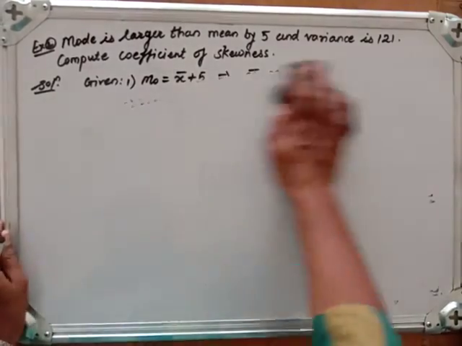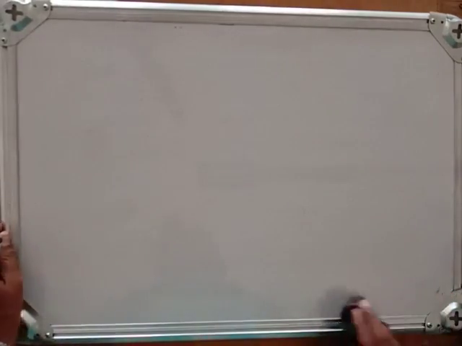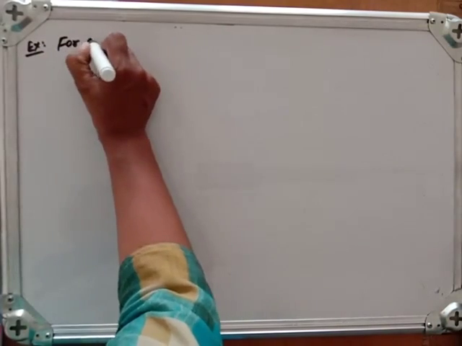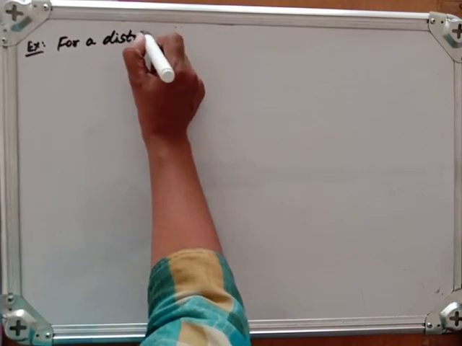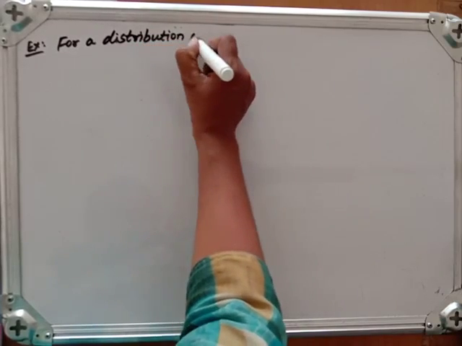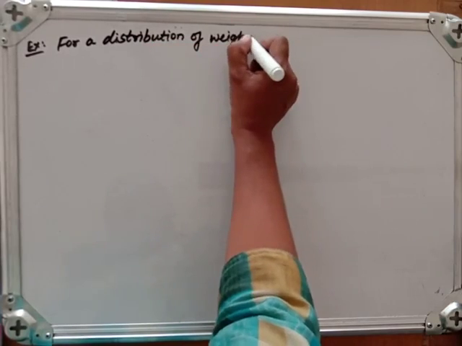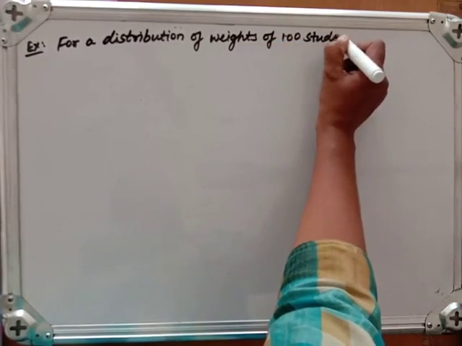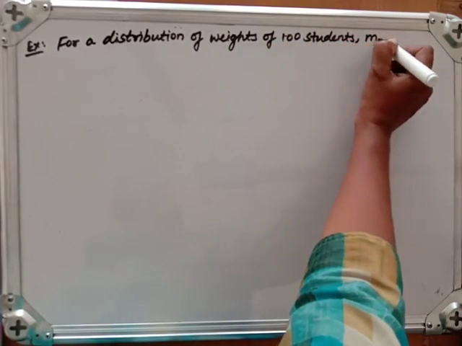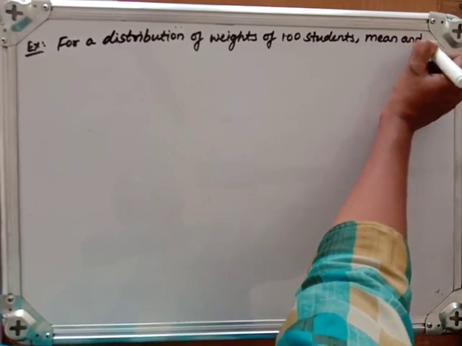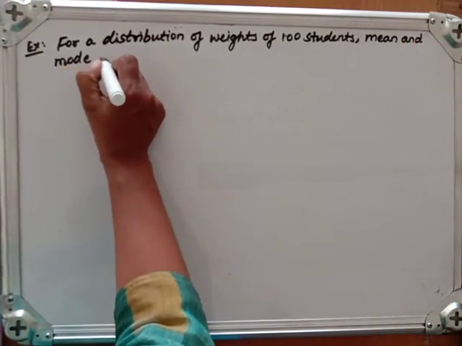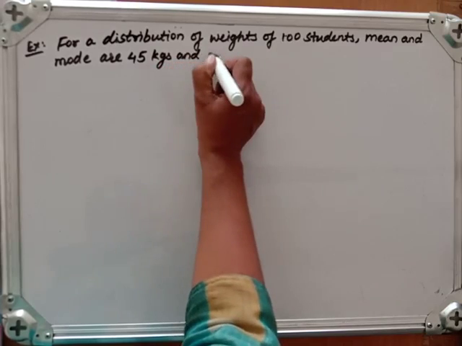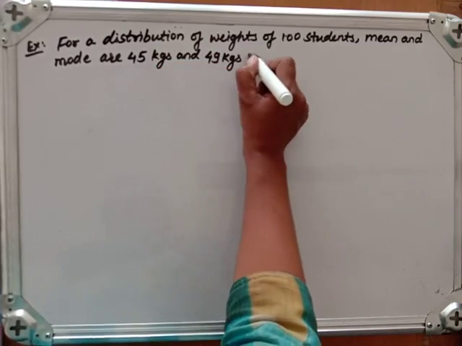Next example. Suppose for a distribution of weights of 100 students, mean and mode are 45 kg and 49 kgs respectively.